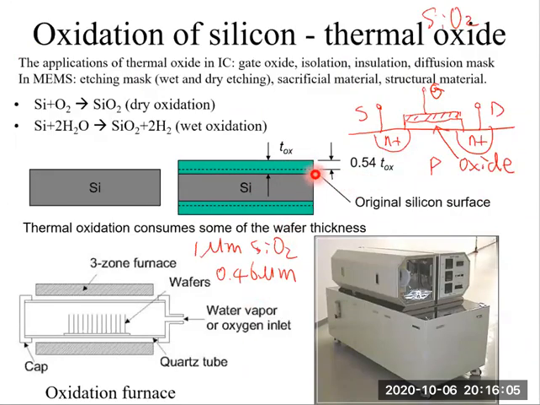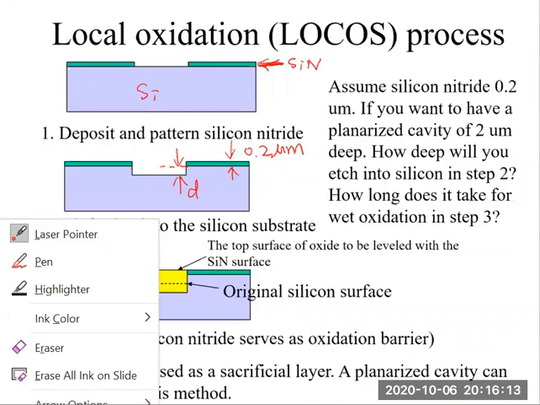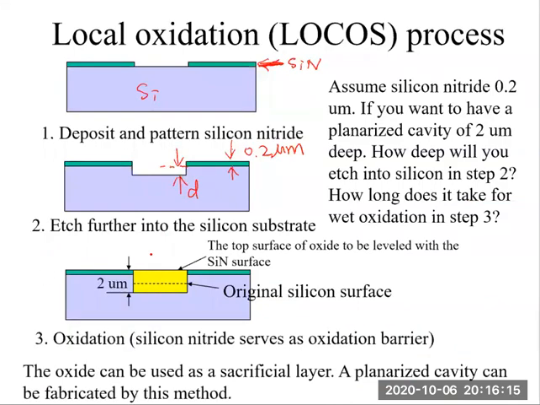Above this silicon surface, 54%. So how large is this distance, from the top surface to this original silicon surface?